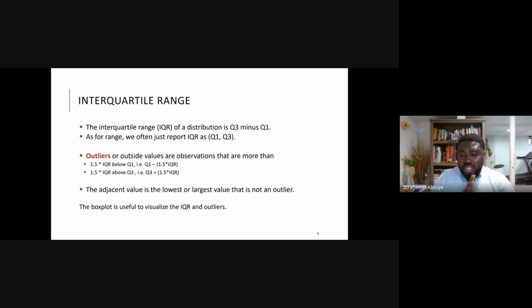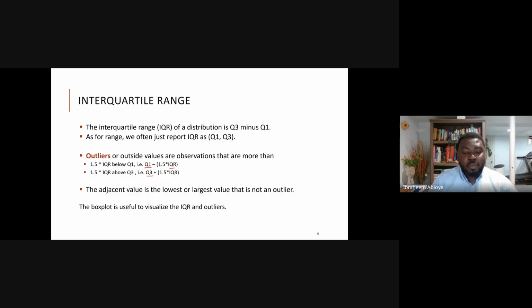There is a formula, and I'm going backwards now, that we use to identify outliers, and that formula is based on the interquartile range, as well as the value of the 25th percentile or the first quartile, and the value of the 75th percentile or the third quartile.